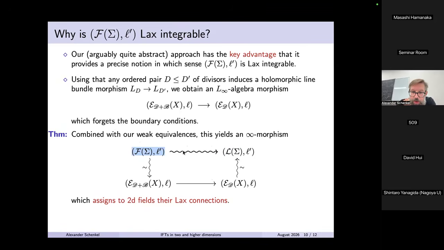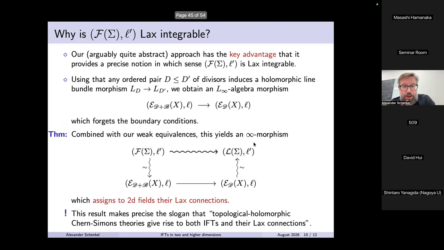So this kind of structure, that you do not have only one L-infinity algebra, but two, and the map between them, this kind of structure is, in my opinion, what describes integrability. That you have an assignment from your L-infinity algebra of field theory to an L-infinity algebra of Lax connections. And this assignment here comes out for free from our machine because of these maps you get for ordered pairs of divisors.